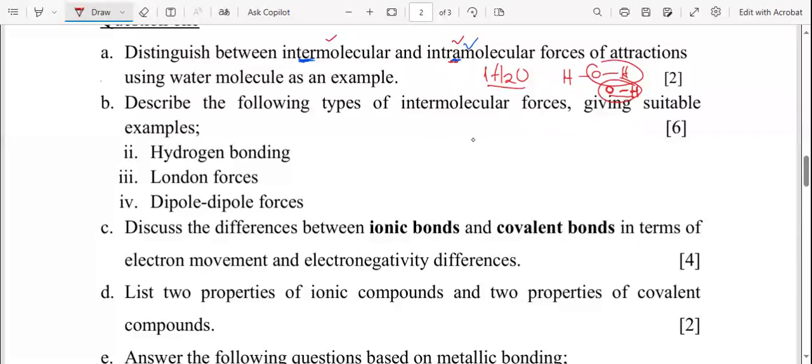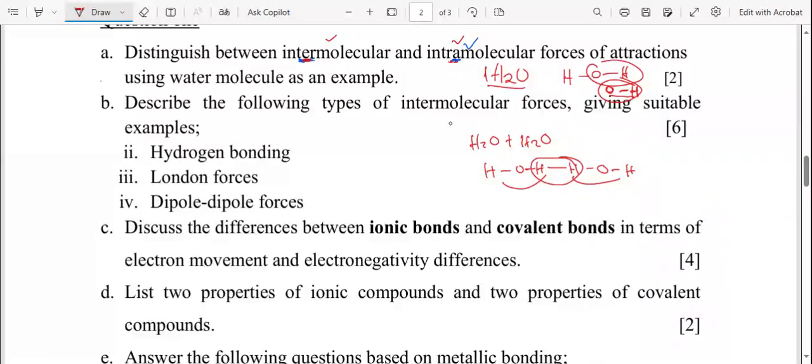In different water molecules, let's say we have H2 plus again H2, they will be bonded like hydrogen, again hydrogen of another water molecule. So this bond between hydrogens in water molecules is what you call intermolecular forces. It's between two different water molecules.